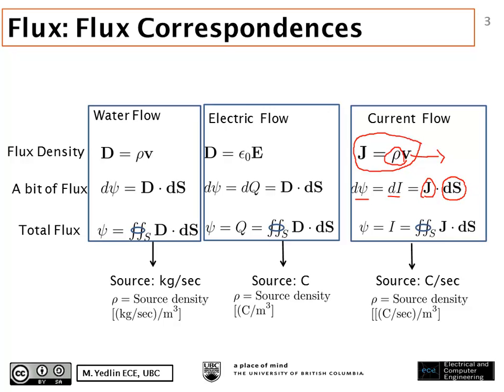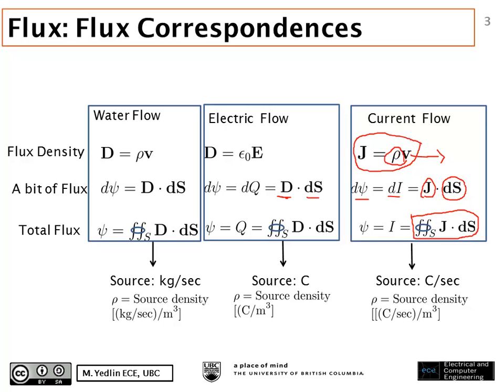We have a flux density J just like the flux density D, and find its projection through the vector-oriented surface element ds to get the little bit of flux, in this case the current. So the total flux is obtained by integrating over an entire closed surface, or maybe not an entire closed surface depending on the application. But if we're looking at a source situation, that's what we'd be seeing.